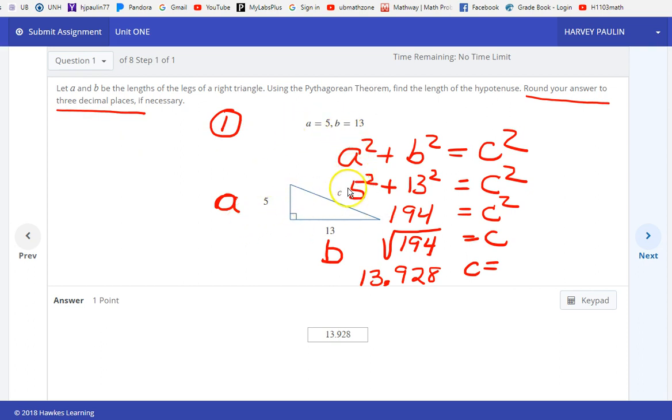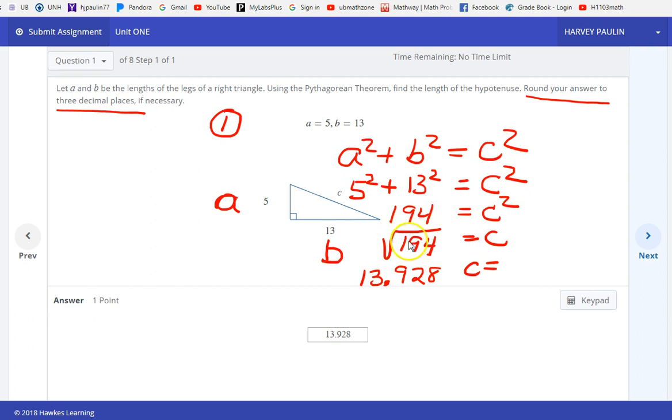So side A was 5, so I put 5 squared, plus side B is 13, so 13 squared equals C squared. I put 5 squared plus 13 squared in my calculator, got 194 equals C squared. So now I take the square root of this side, which will just leave me with C, and then I take the square root of 194.